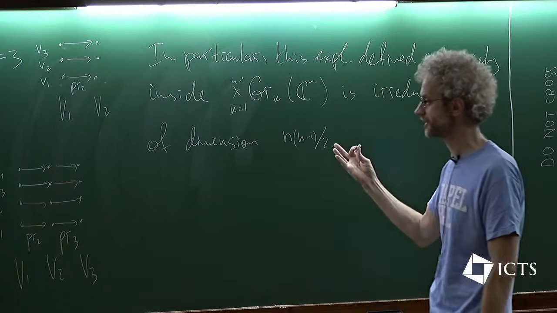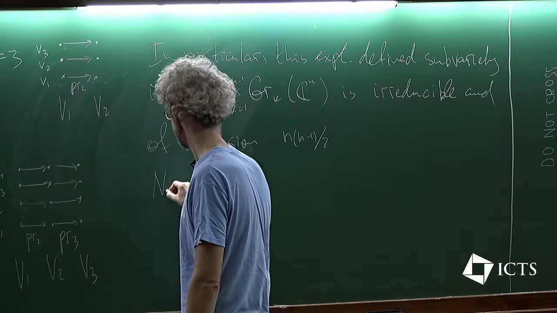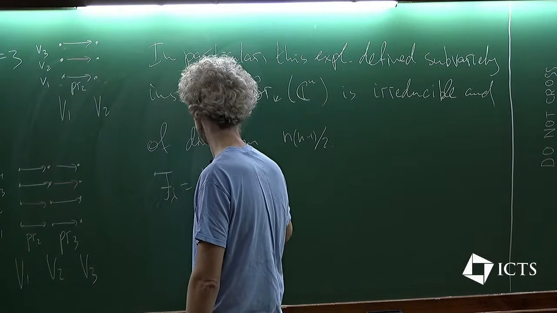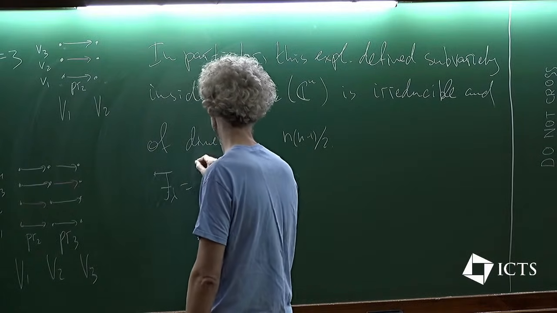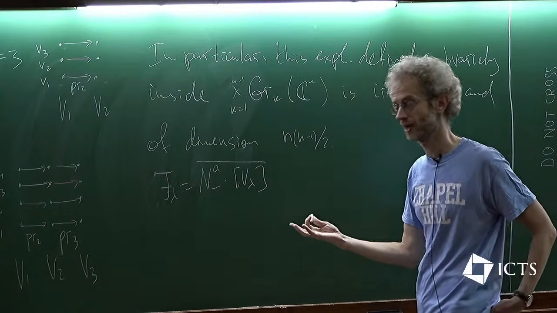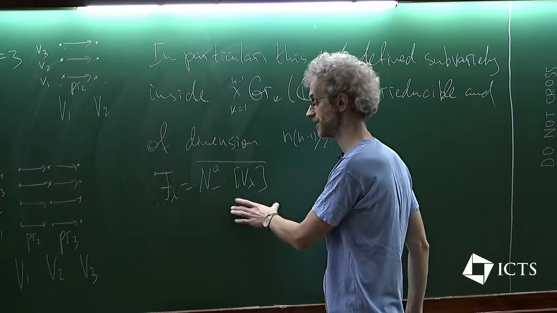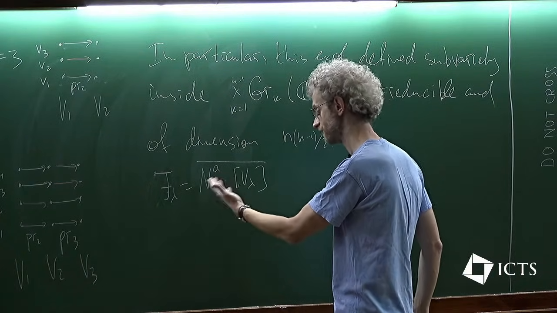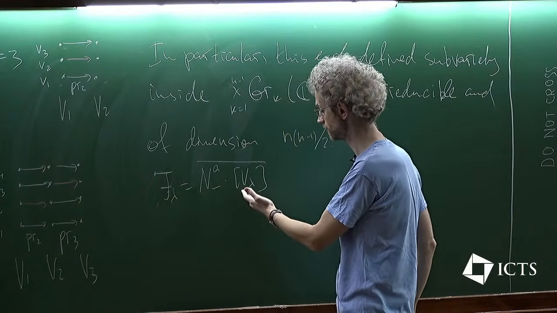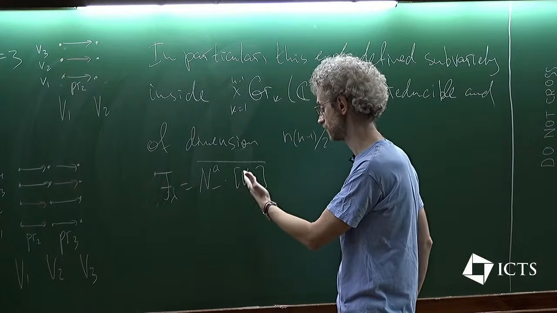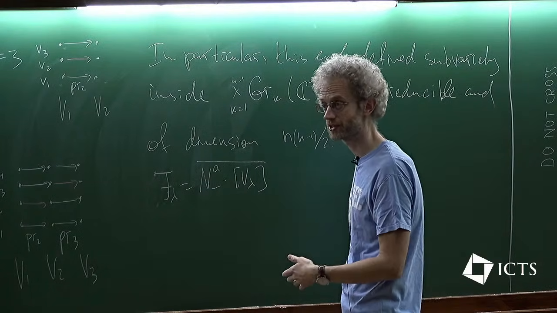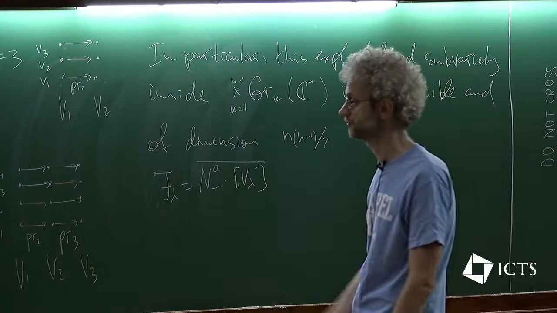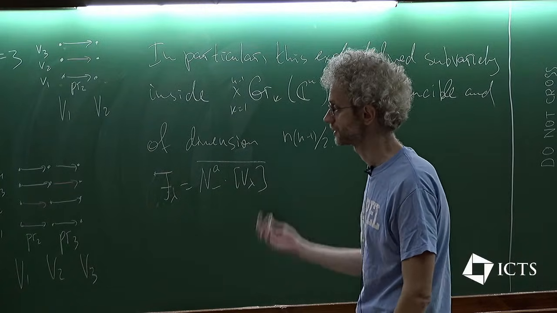Right, because we saw from the definition that our flag variety F_λ is defined as the closure of the orbit of v_λ. Therefore, in order to understand the dimension, one needs to answer what is the dimension of this open part. And clearly, this is the dimension of the effective subgroup which acts here. If λ has full support, if this is ω_1 up to ω_{n-1}, there is no stabilizer here. So this is indeed of the same dimension as the flag variety. But from this definition, it's far from being clear. So this is somehow the outcome.